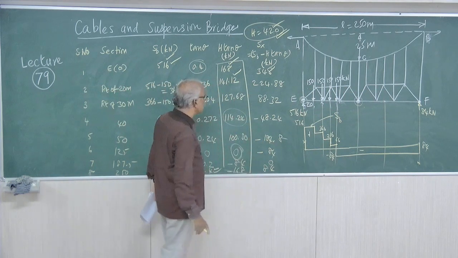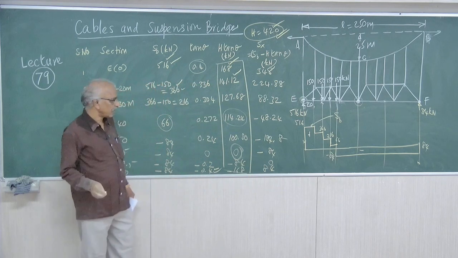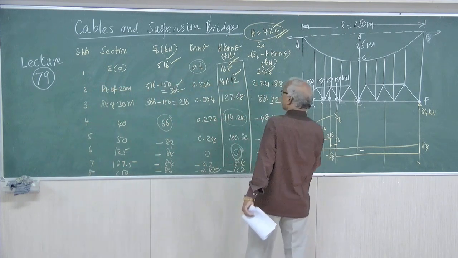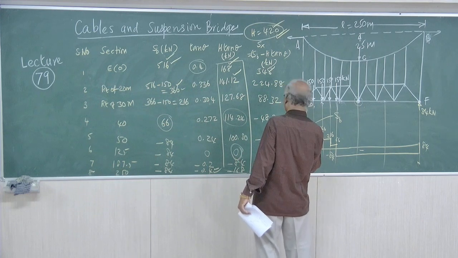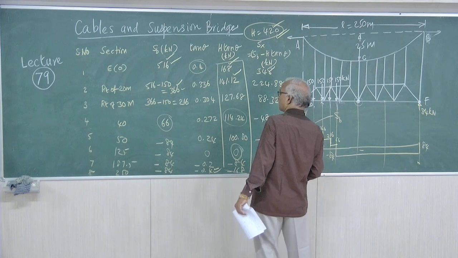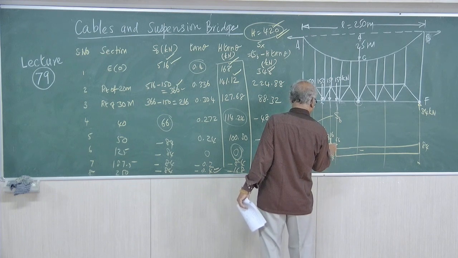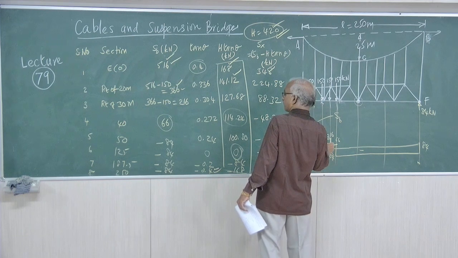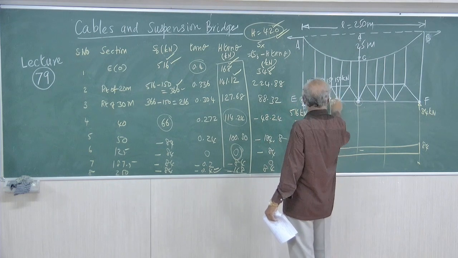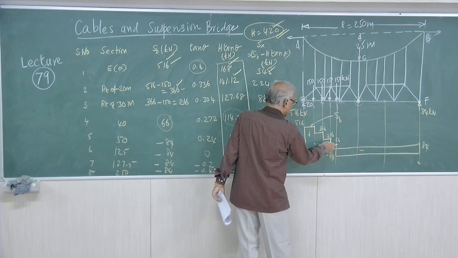If it is drawn to scale, there will be no confusion, because here it is 168 and here it is plus 141.2, here 127, 114. That 114 will be somewhere here, for 40 meters, at this point 40 meters. Therefore, we have to start from here.